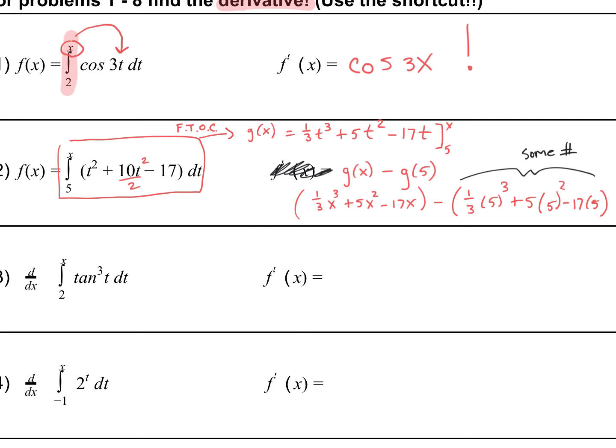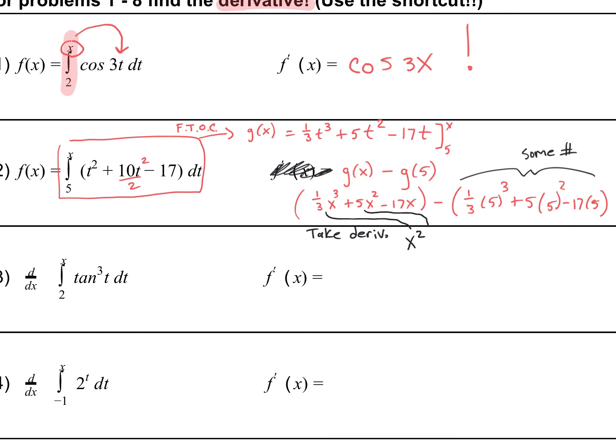Now I'm going to take the derivative. Again, don't feel like you have to write this down. If I take the derivative of this term here, 3 times 1/3 is just 1. And then if I subtract 1 from the exponent, I get x squared. So the derivative of this is x squared. Okay, now I keep going.